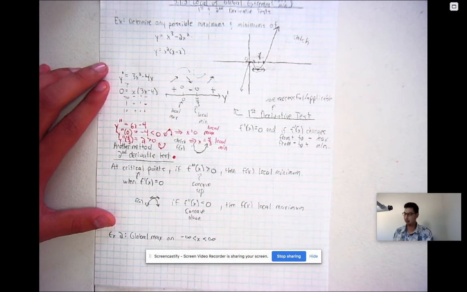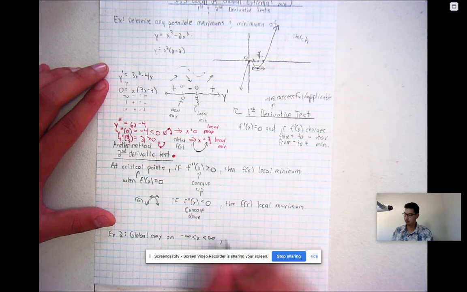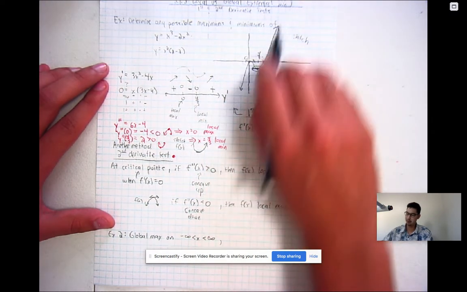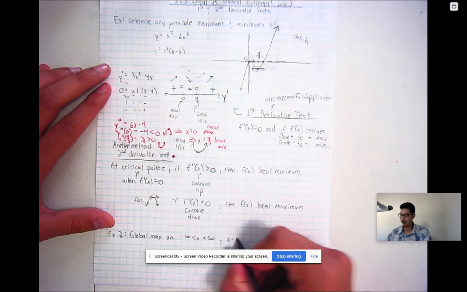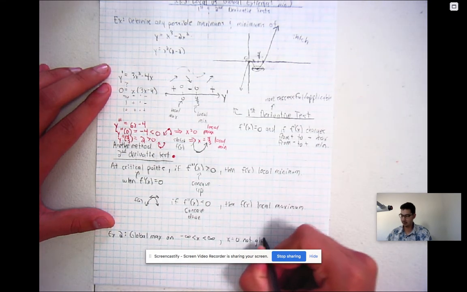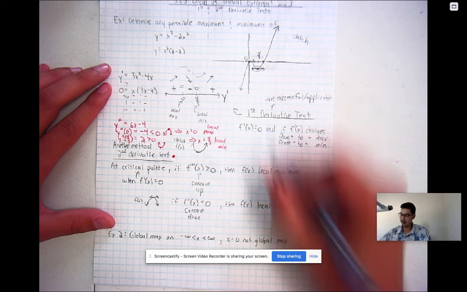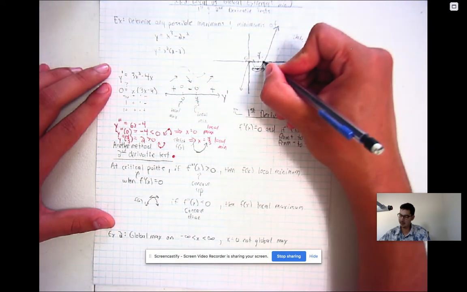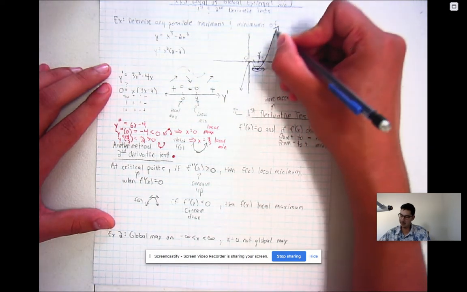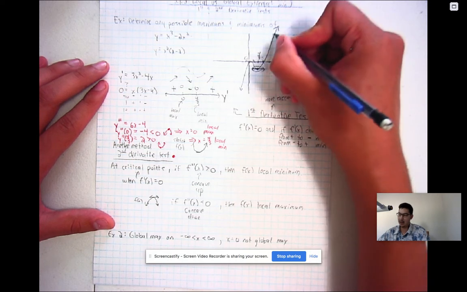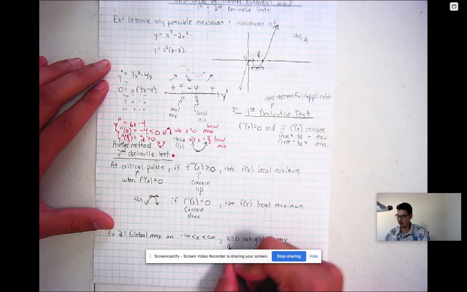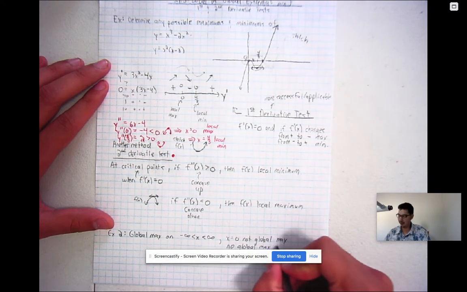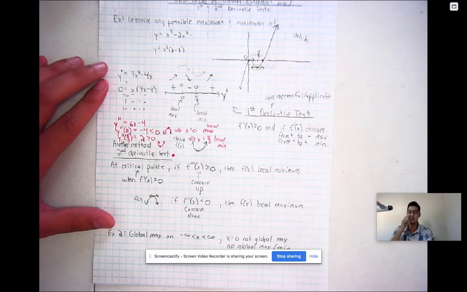Well, notice if I look at the entire domain of this function, x equals 0 is not a global max, because clearly it gets beyond 0. In fact, it gets beyond 0 starting at that point and higher. It has a higher y value. So it's not a global max. In fact, there is no global max of this problem if that's the domain you're looking at. Same thing with minimums because it goes down forever.